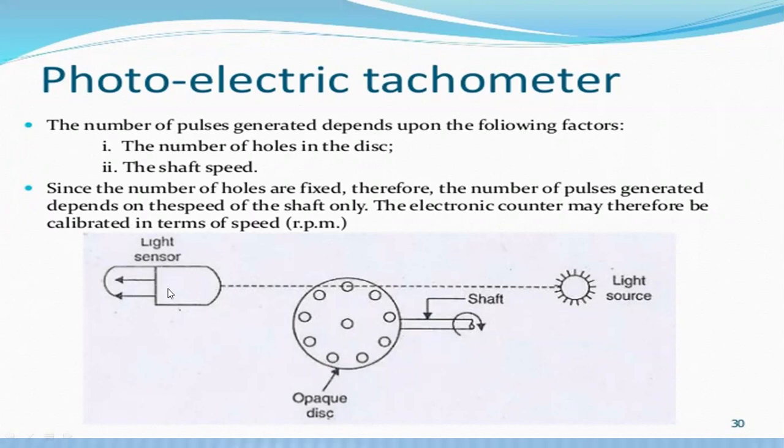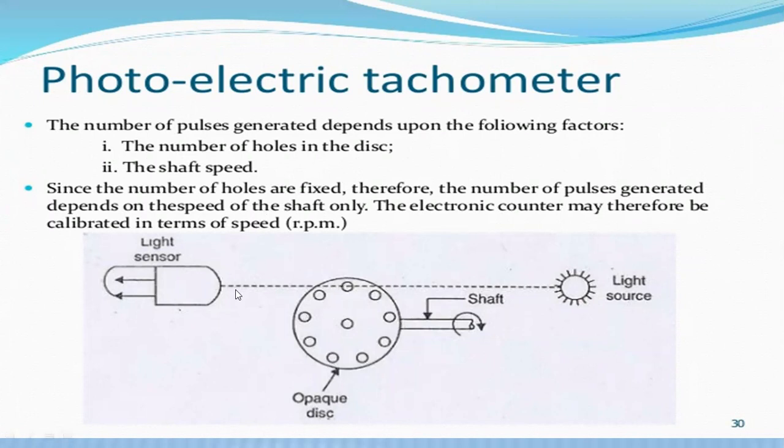As the speed of the shaft increases, a very high amount of light pulses is produced through the light sensors. Automatically, the light is affected and it is calculated how much speed the shaft is rotating at.